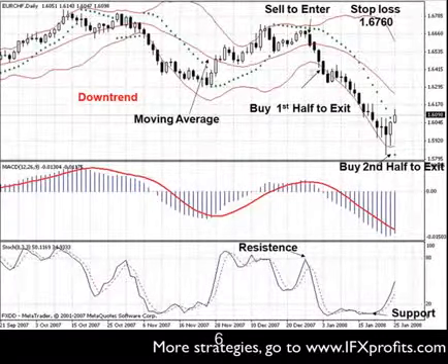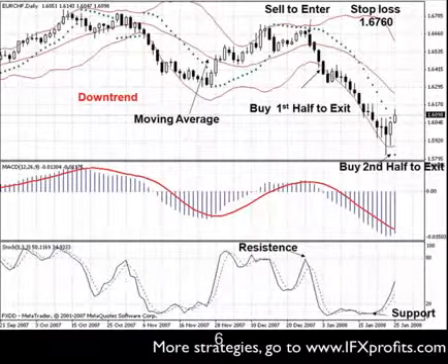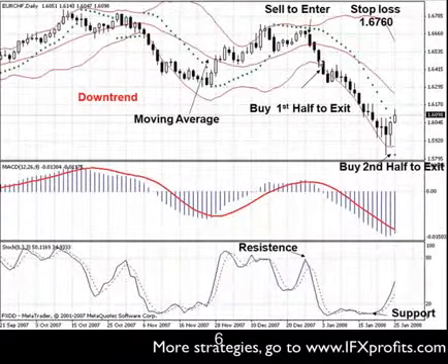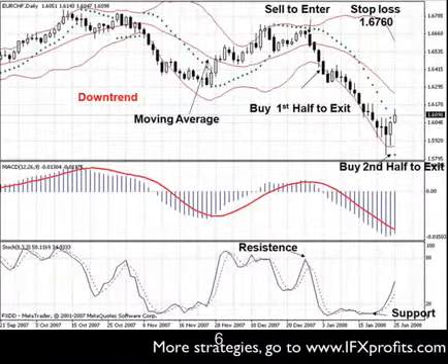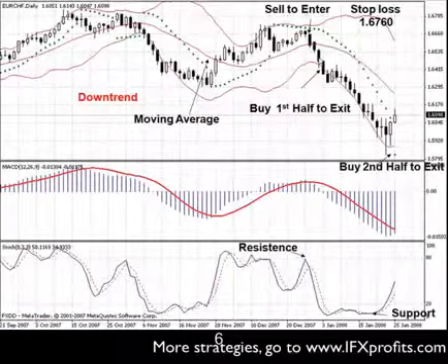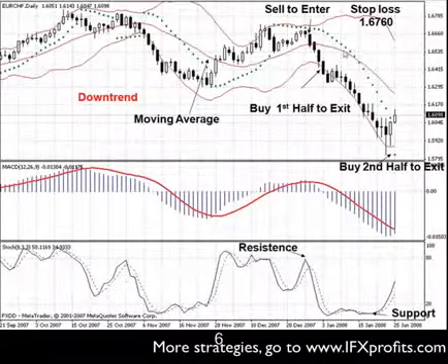Now later you will learn my techniques, especially my pip maximizer technique. You will learn that when the price goes below the moving average, so this center line that you see is the moving average, the price goes below moving average and the parabolic is above and the moving average is also going down.